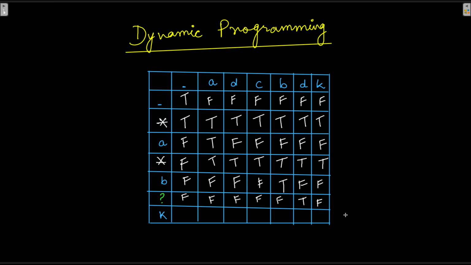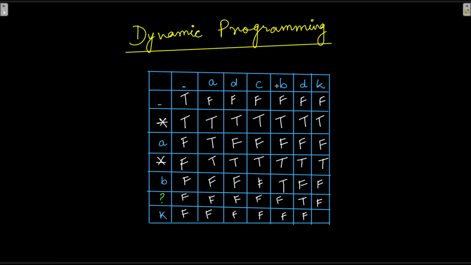Now the final row. K is not a match for empty string, K is not a match for A, not a match, not a match, not a match, not a match. K against K, yes, that's a match. What about the previous string?